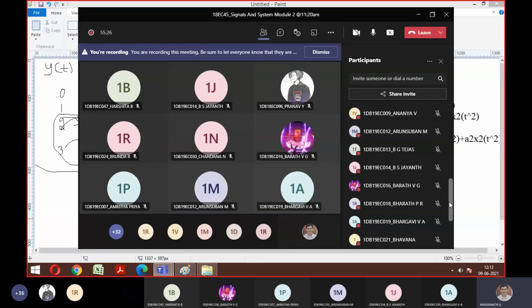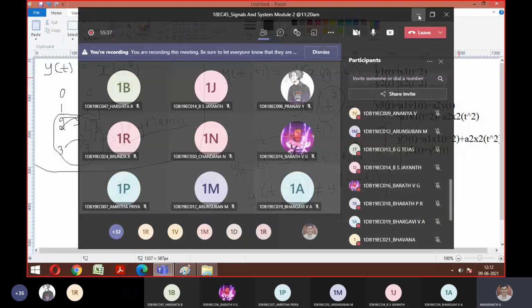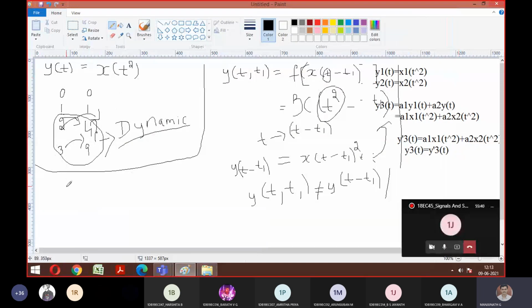Now since the question is having x of t square, you people are thinking that x of t square is there here. So is it bounded or not bounded? See, bounded means it should be in a boundary. Look here, x of t I am giving as 0, I am getting 0. 1, 1. 2, 4. Don't worry about the future values.